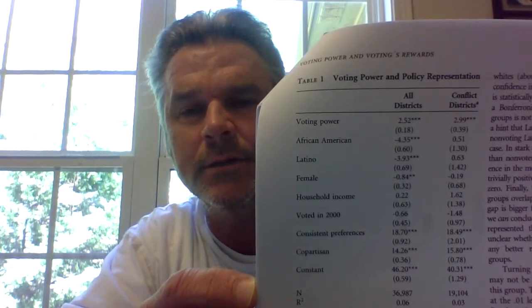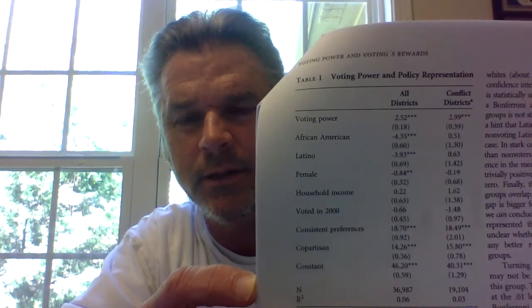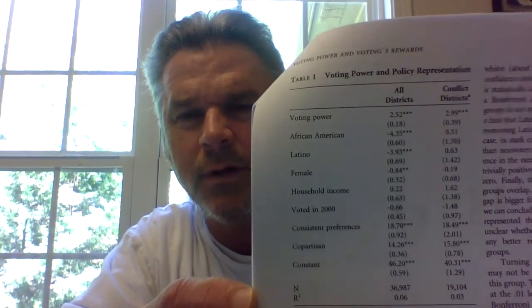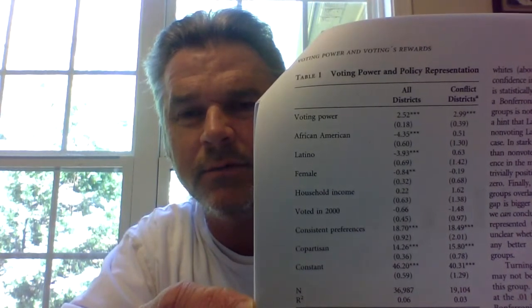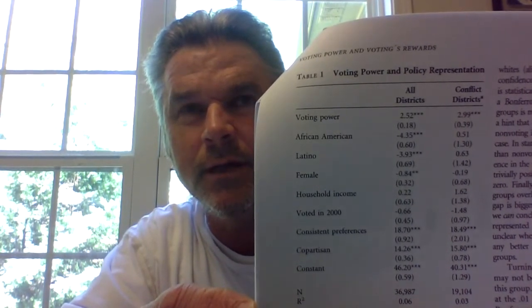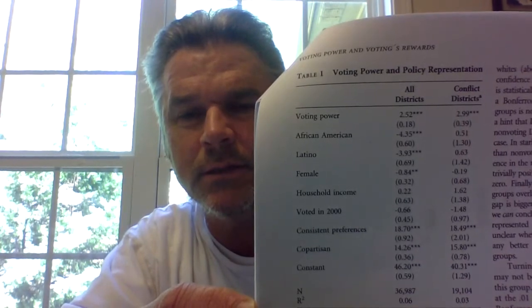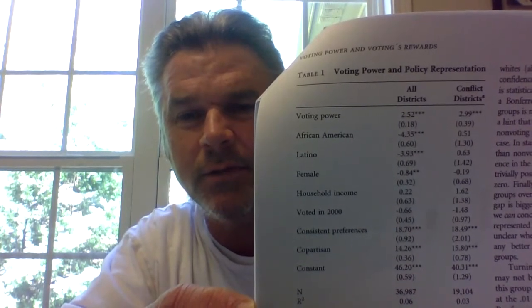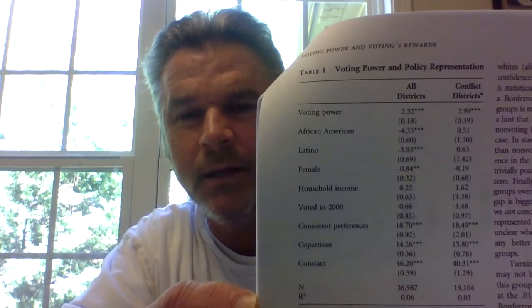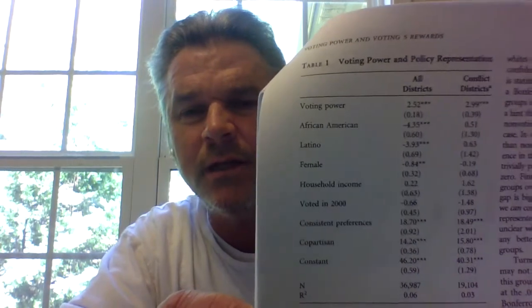Decreases it. According to the model here, what effect does being Latino have on policy representation? Negative, reduces policy representation, exactly. What effect does being female compared to male have on policy representation? Negative.